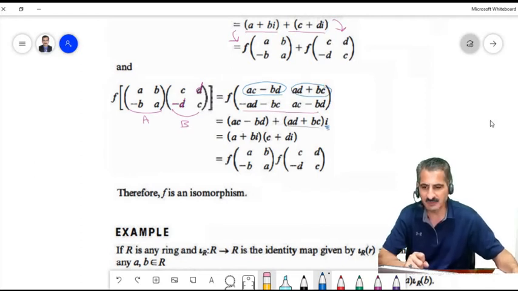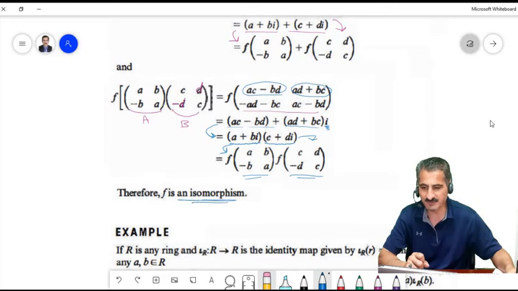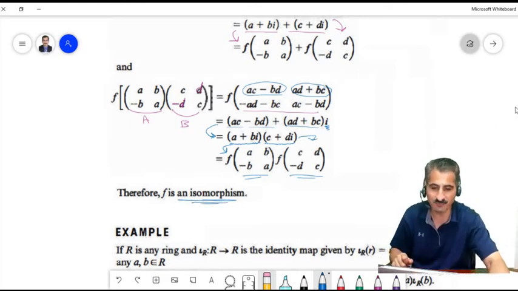Now this expression can be written as the multiplication of these two complex numbers, but this is the image of capital A, and this is the image of capital B, and then we are done. So F is an isomorphism. It distributes over addition and over multiplication.